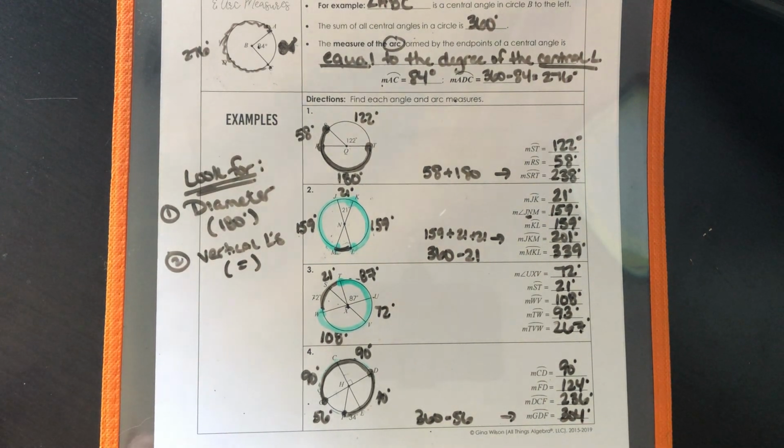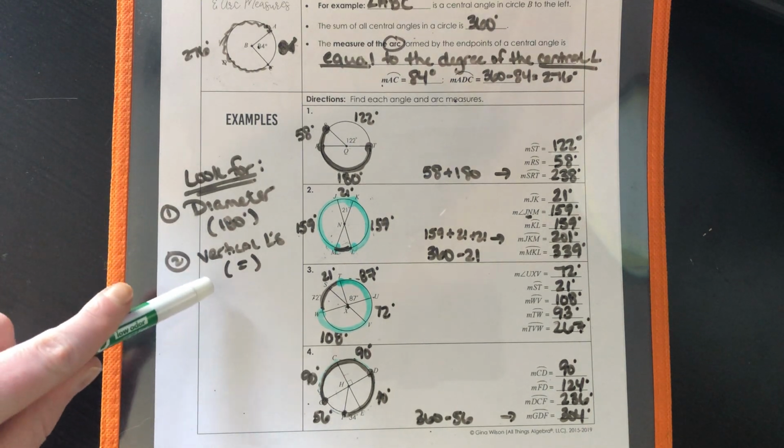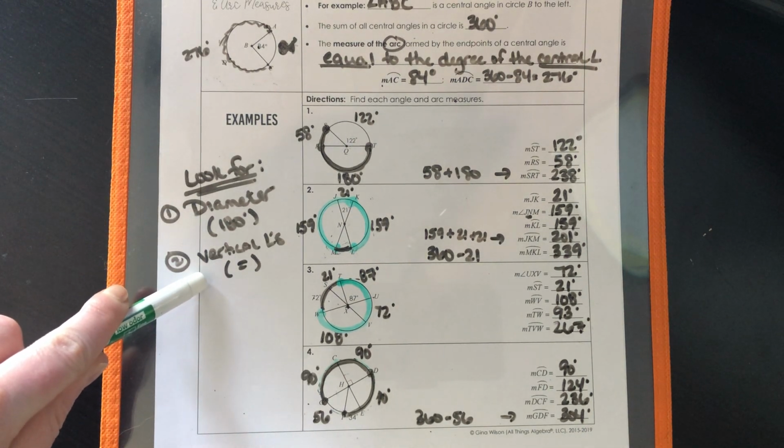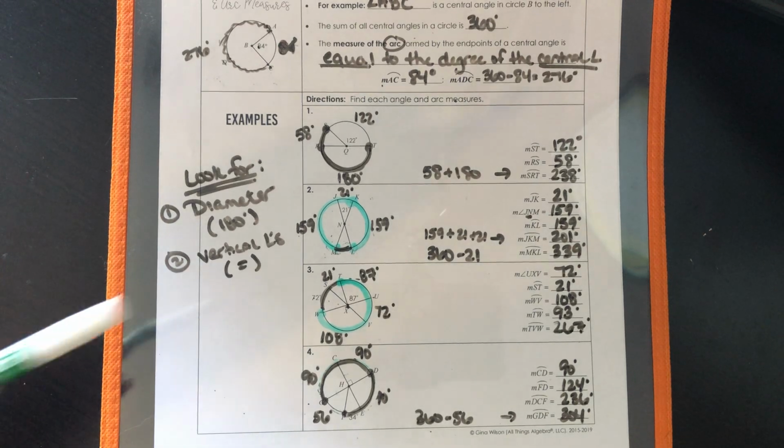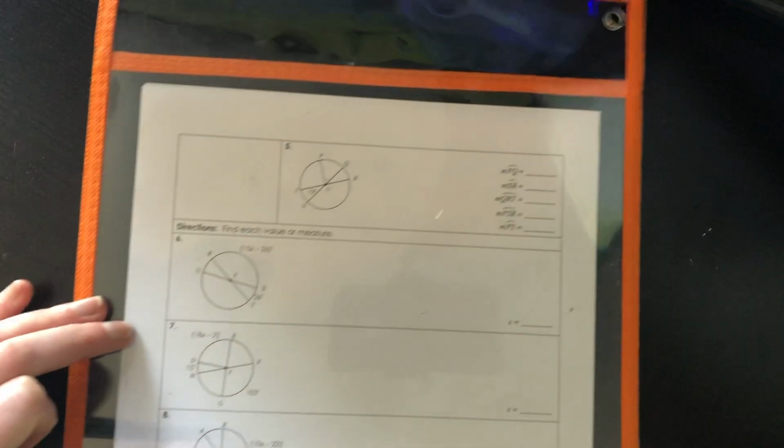Okay, so remember, central angle is equal to its arc that it opens up to. Look for diameters, semicircle 180. Vertical angles are equal across the vertex. Very important. All right. Now, on to the other side.